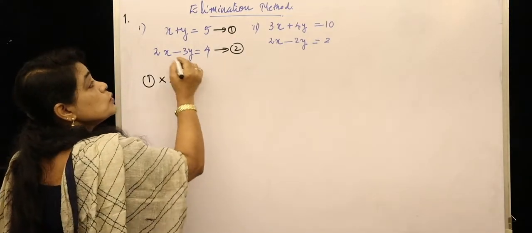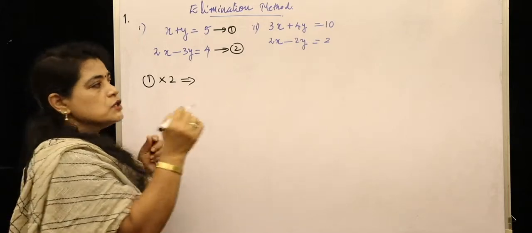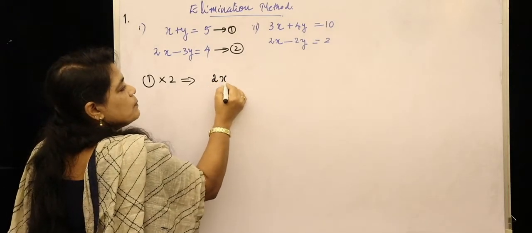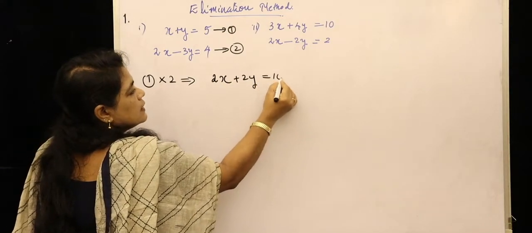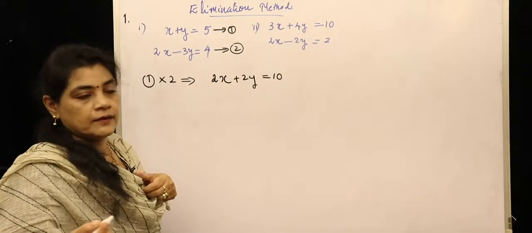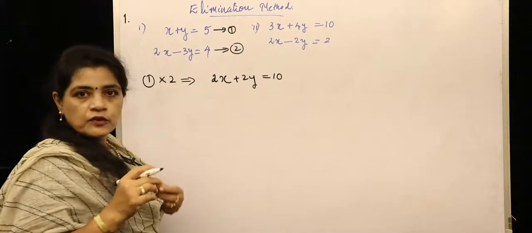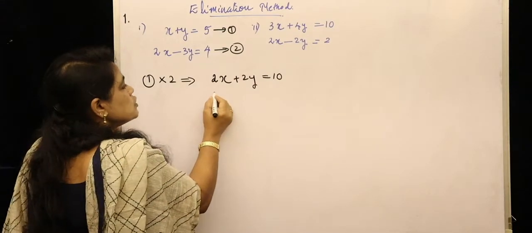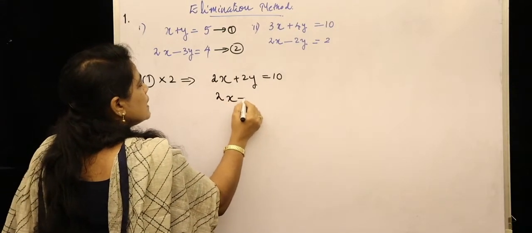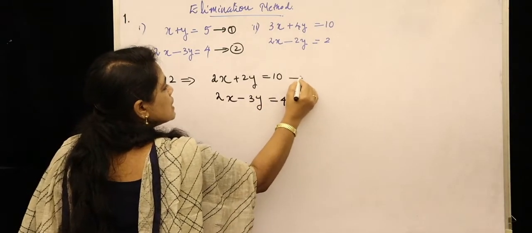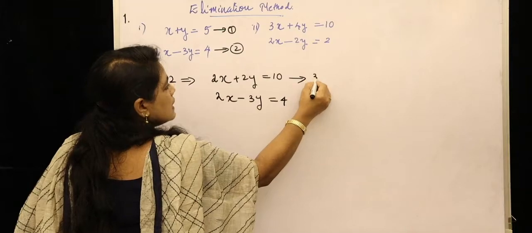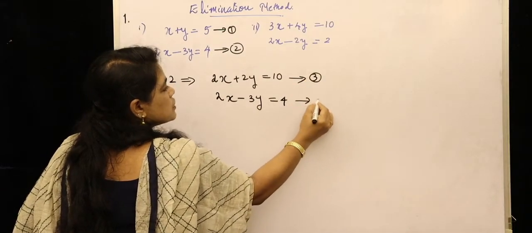So 2 into 2x plus y, that is 4x plus 2y, equal to 10, 5 twos are 10. And we are not making any change to the second equation, that is 2x minus 3y is equal to 4. So this is equation number 3 and this is equation number 2.